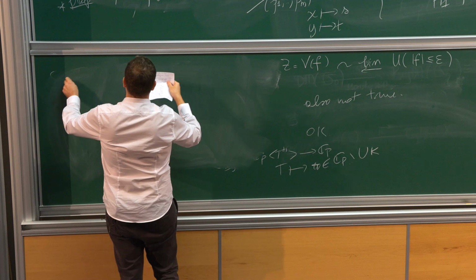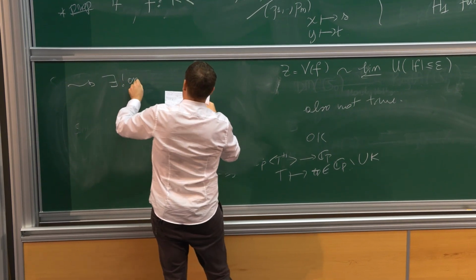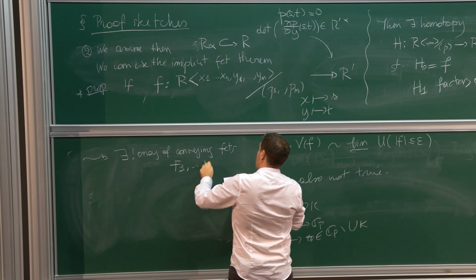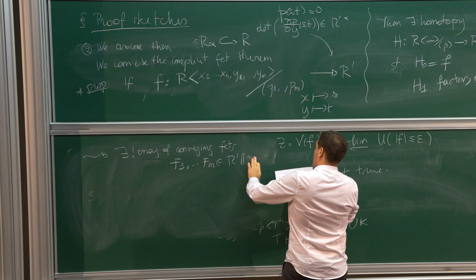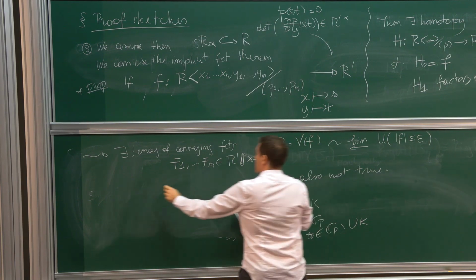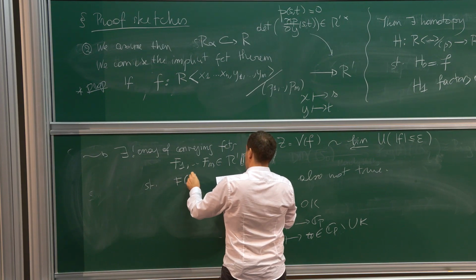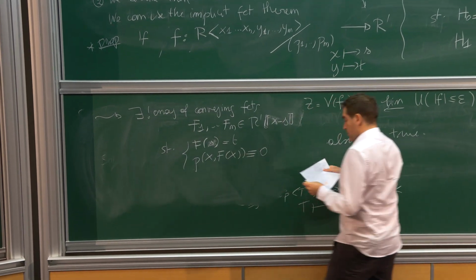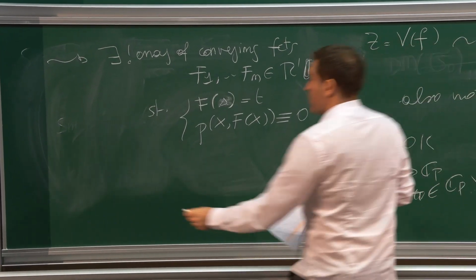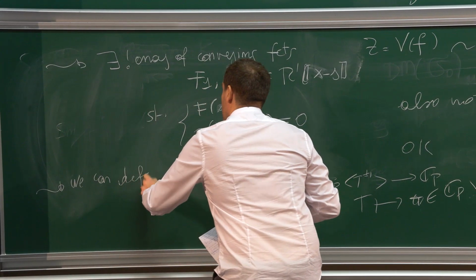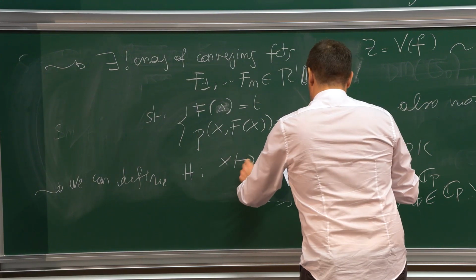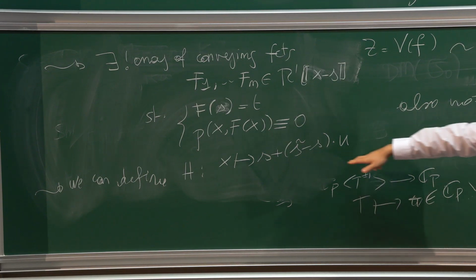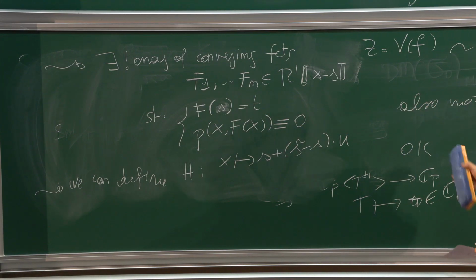So because of that, there exists a unique array of converging functions, F1, as many as there are polynomials in R prime, x minus s, such that f of s is t, and p of x, f of x is just constantly equal to 0. And therefore, we can define H to be the map that sends S to S plus (S tilde minus S) times U for some S tilde, which is in some R alpha, and it is sufficiently close to S so that the functions converge.